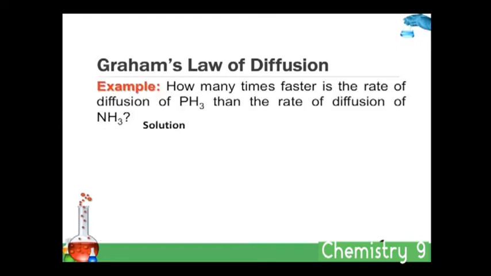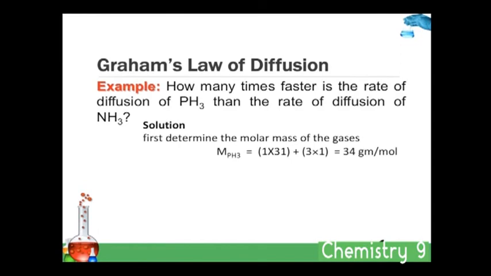How many times faster is the rate of diffusion of phosphine than the rate of diffusion of ammonia? First, determine the molar mass of the gases. The first one is 34 grams per mole. The second one is 17 grams per mole.